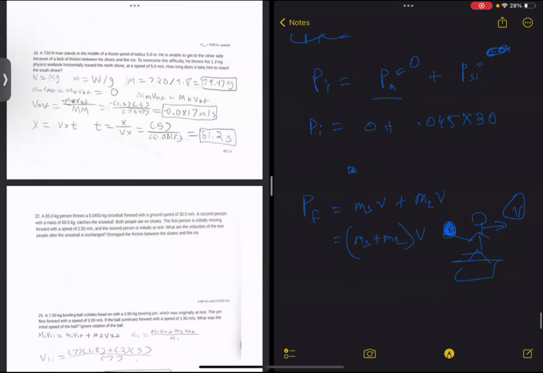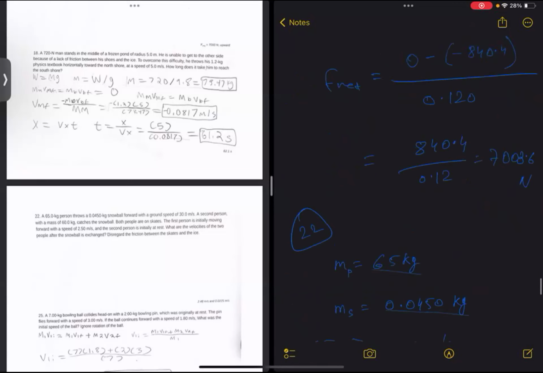The mass of the second person is 60 kg, so (0.045 + 60) kg multiplied by v. This is the final momentum of that system, and you equate it to the initial momentum you got here. By this, you will get the final velocity of the second person.